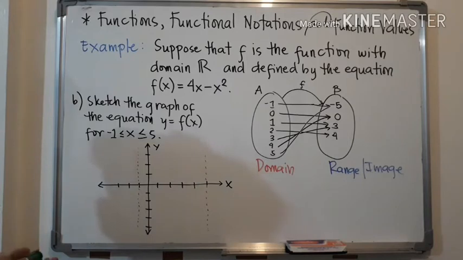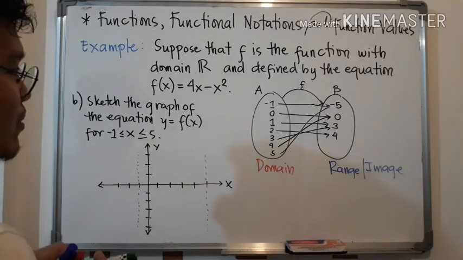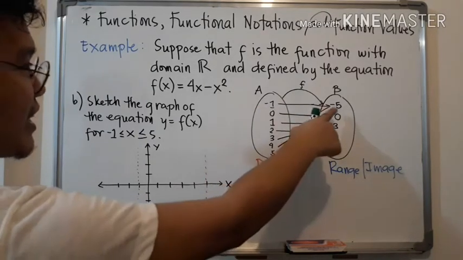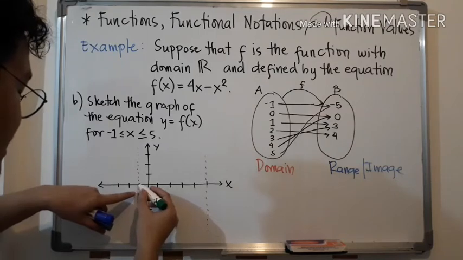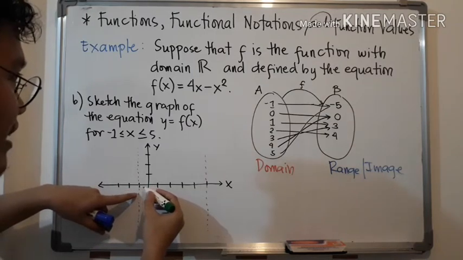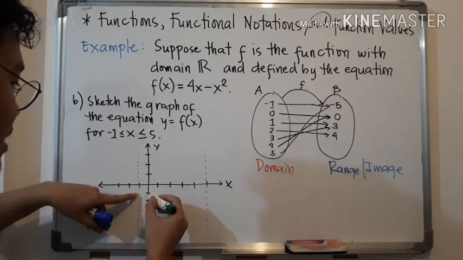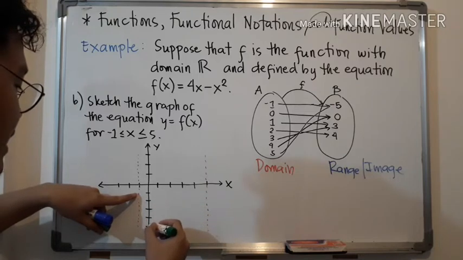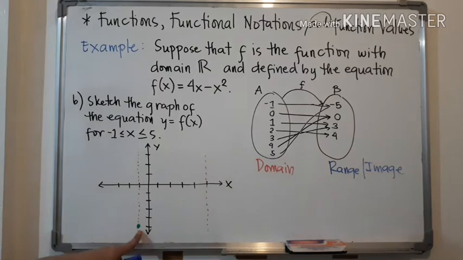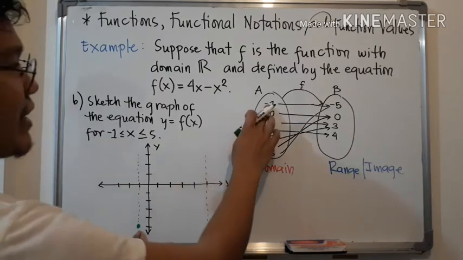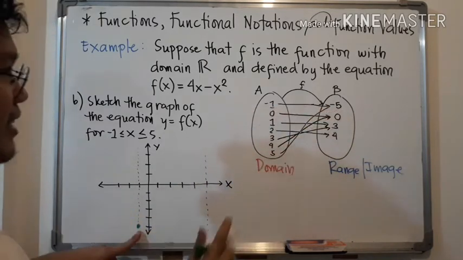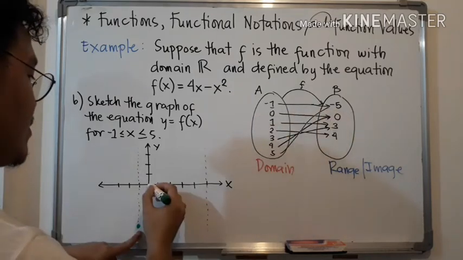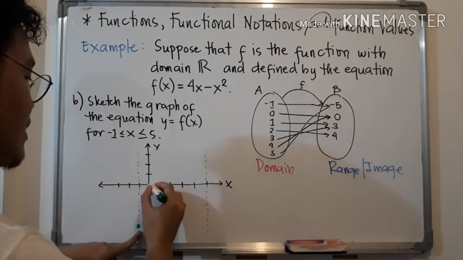We are going to plot the points on this Cartesian plane. Negative 1 is paired with negative 5, so we have negative 1 here and negative 5, in the third quadrant. This is the plot for the first ordered pair, negative 1 and negative 5. Second, we have 0 and 0, the origin.